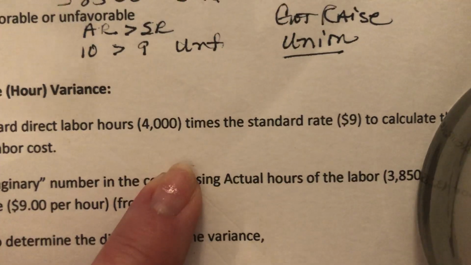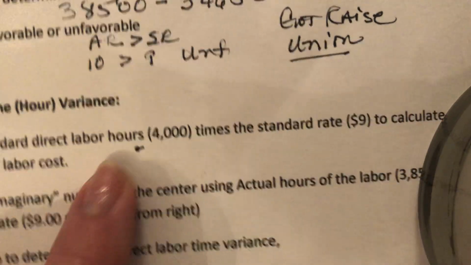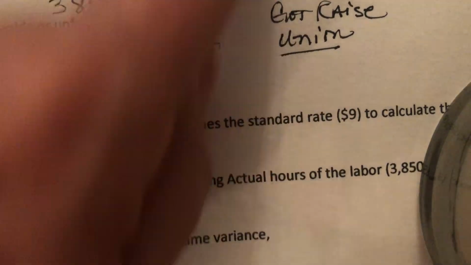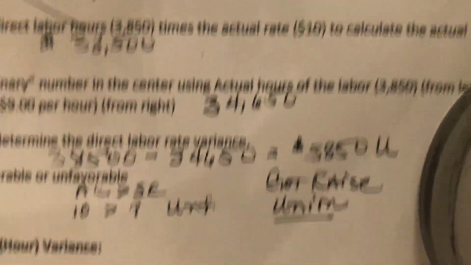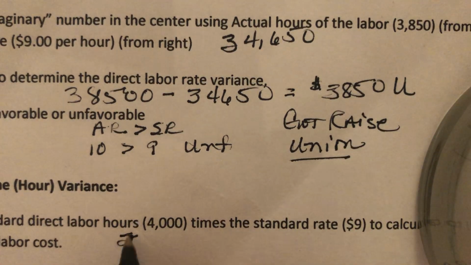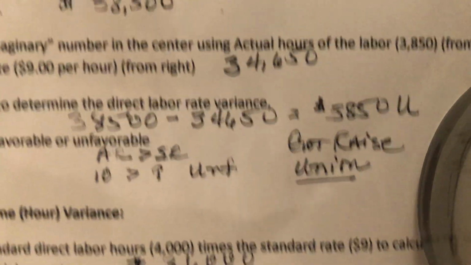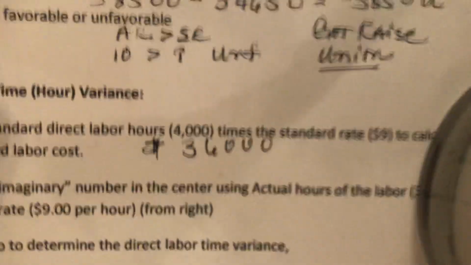Our imaginary number was 3,000. Wait, this one asks for standard. Standard direct labor hours, standard rate, that's going to be this number, 36,000. So let's put that in there. The imaginary number we've already calculated at 34,650.